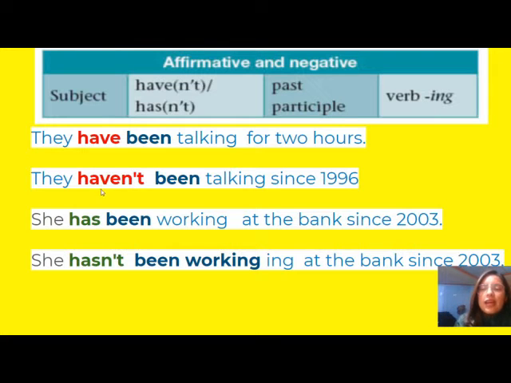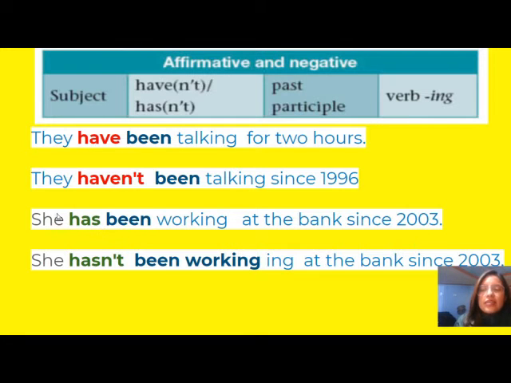Very good. Now, change this sentence in negative. Cambiémosle a negativa. You have to change the auxiliary in negative. Haven't. They haven't been. Continue with the reading. Since 1996. Very good. Now, in this case, she has.